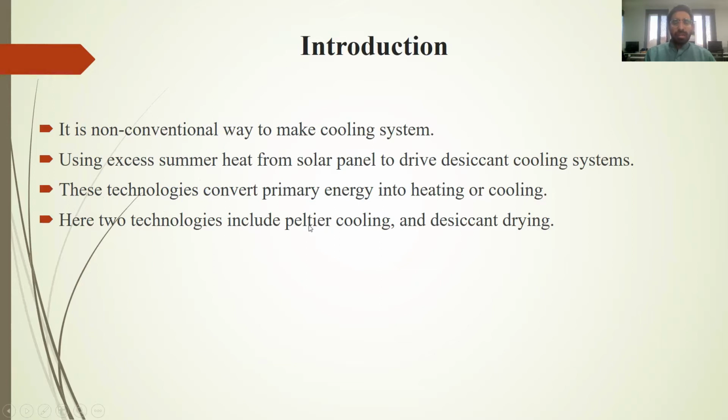First is called Peltier cooling and the other is called desiccant drying. Desiccant drying basically is a material which absorbs moisture from the air. And these technologies convert primary energy, meaning the energy taken from the sun, into heating or cooling purpose.